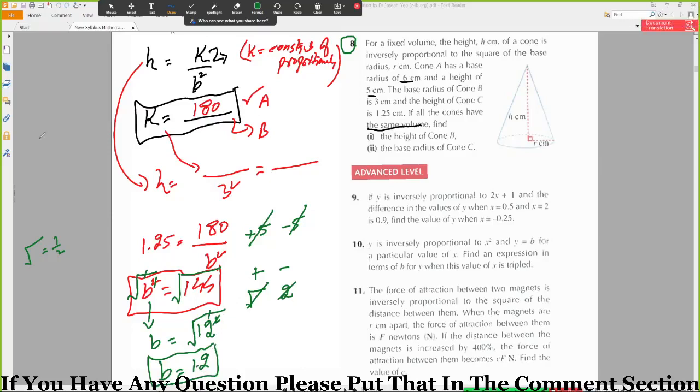But if you have b to the power 4, what will be the square root of b to the power 4? You have to substitute b with 4?